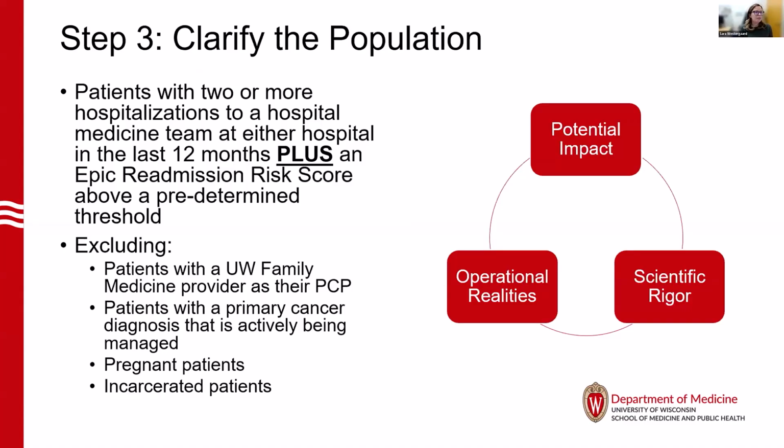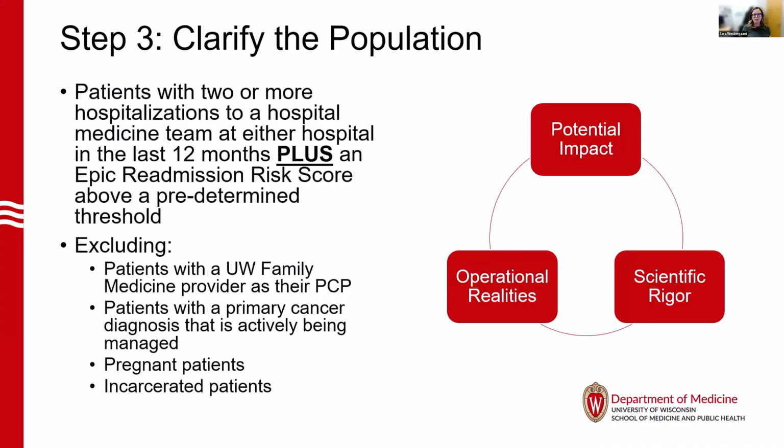I had previously mentioned how we were trying to target this team for the patients who we thought would benefit most from this type of care. Also recognizing that we wouldn't be able to take care of all 1,500 of those patients who had had 2 or more hospitalizations, how could we titrate that to optimize the potential impact, given some of the operational realities, but also make this rigorous?